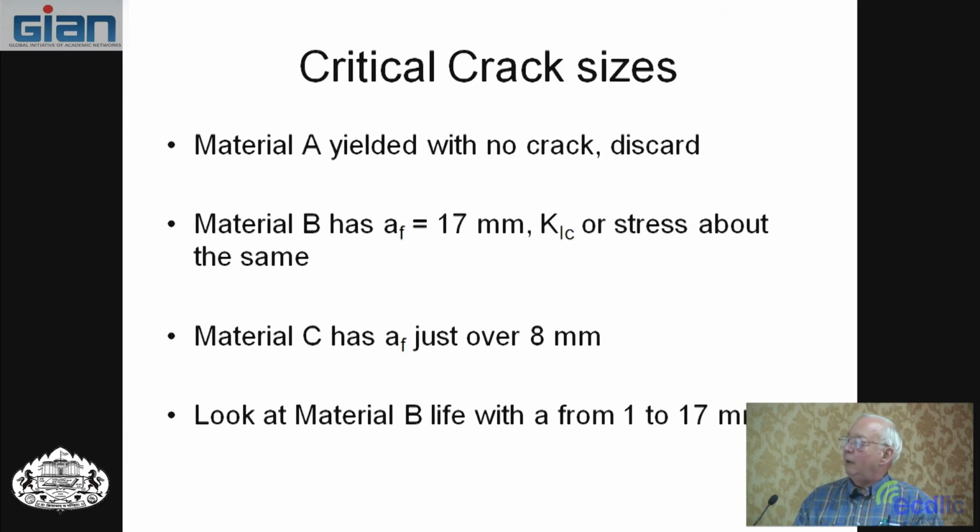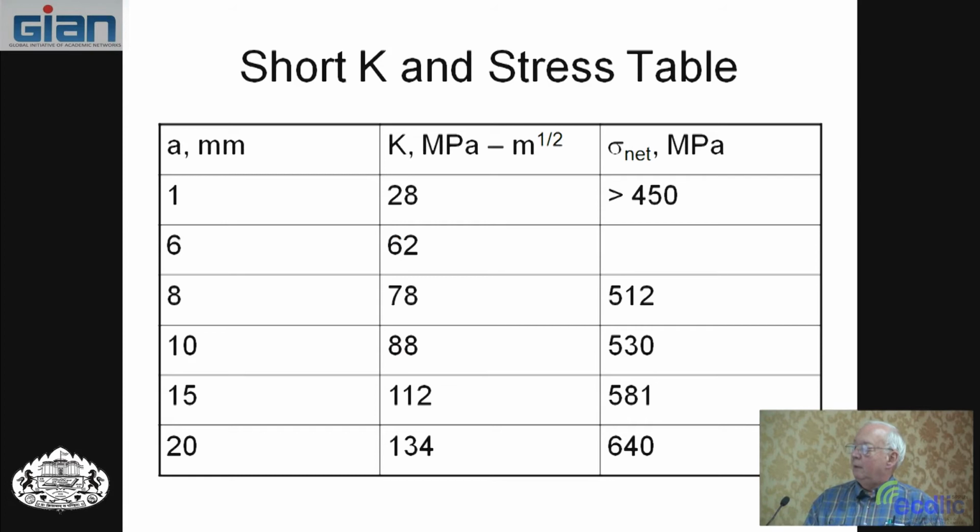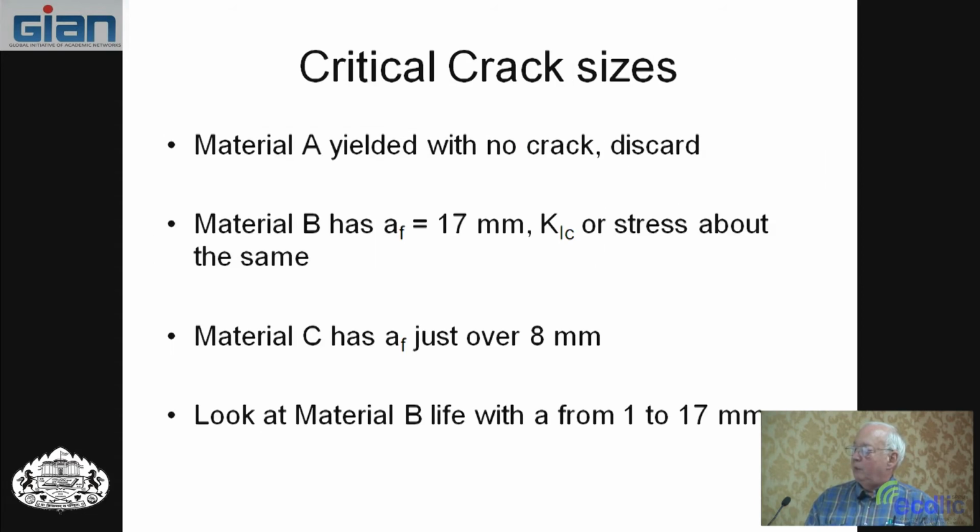So material A yields, throw that out. Material B has a critical crack size of 17 millimeters for this stress. Somewhere down here, 120, I interpolated it. K1C is 120, so somewhere 17 millimeters.